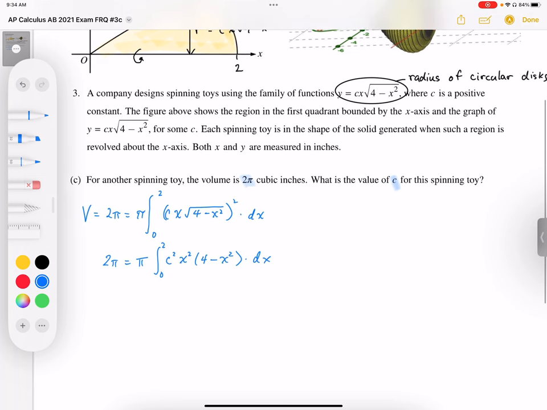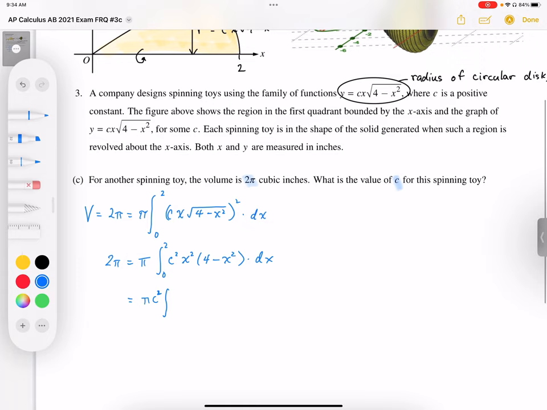Okay, so then I'm going to simplify this because I'm going to find an antiderivative for this. I'm going to take the c squared out here as well. And I end up with 4x squared minus x to the power 4, times dx.